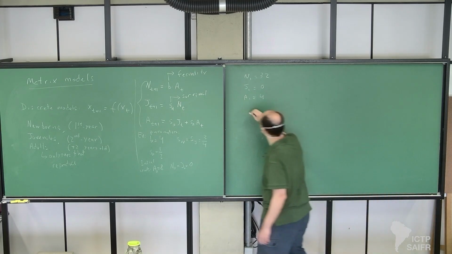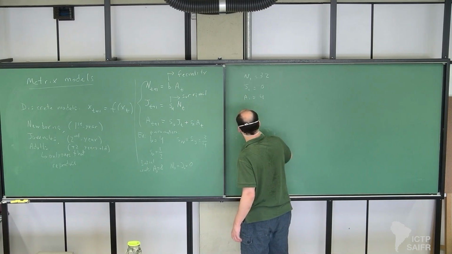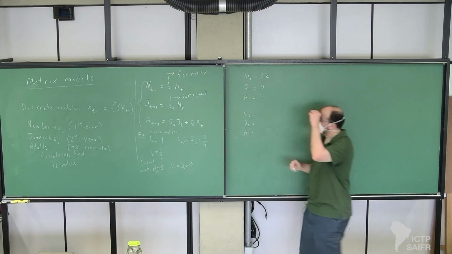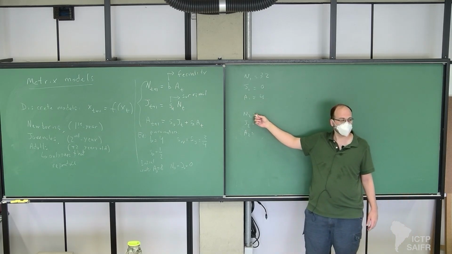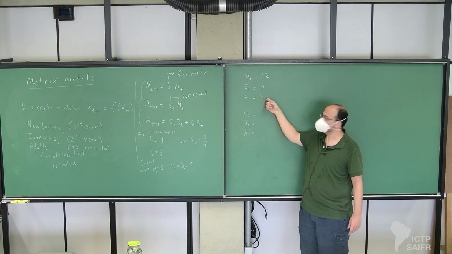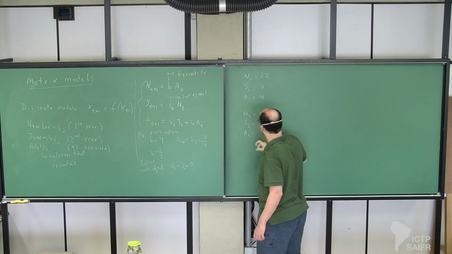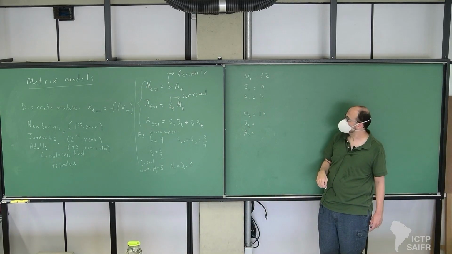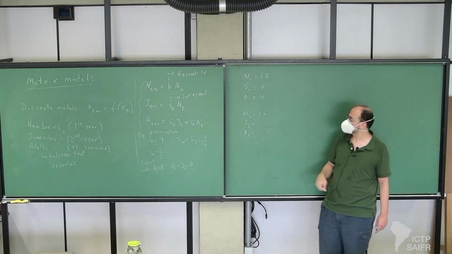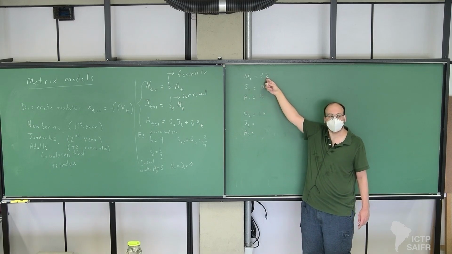Now let's do another step: N2, J2, A2. N2, what is this? Each adult gives 4 newborns, so I have 16 over here. J2, what is J2? The number of juveniles in the second generation is the number of newborns in the first generation, but only the ones that survive.